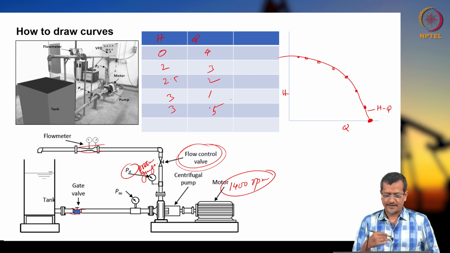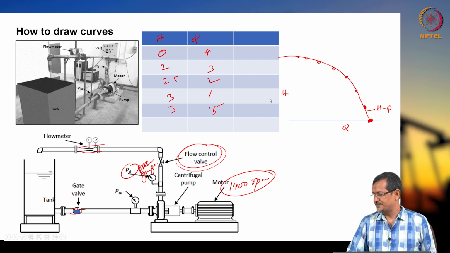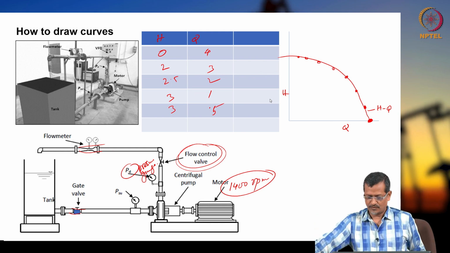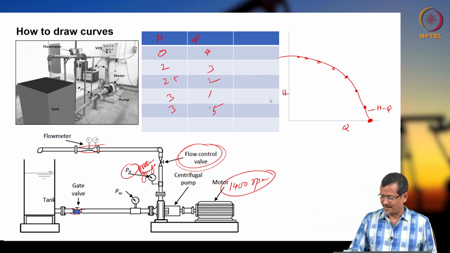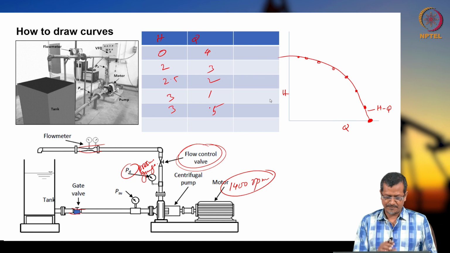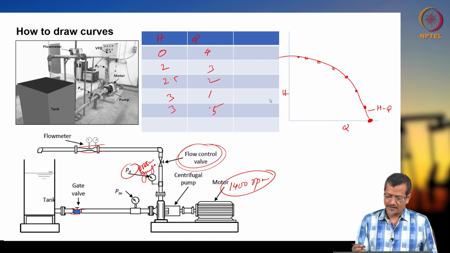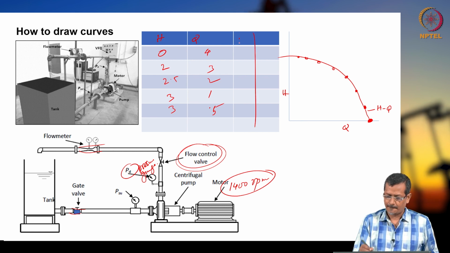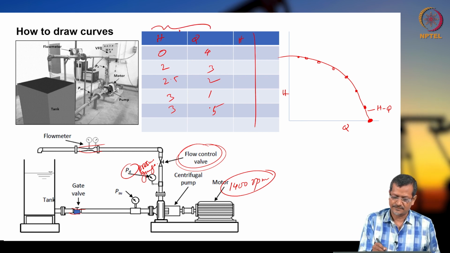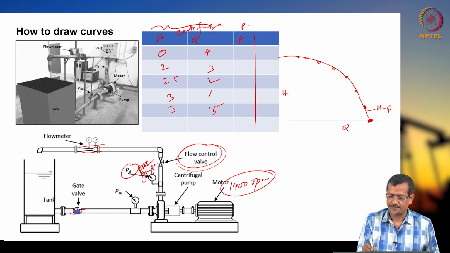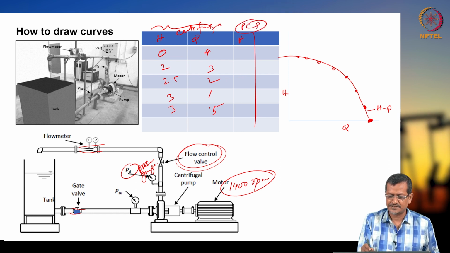But I also tested a PCP, the progressive cavity pump I told you about, and it gives a different story. Instead of the centrifugal pump, in the same place I put the PCP. So in that case what will happen? This one is centrifugal, and this is the PCP, or positive displacement pump.